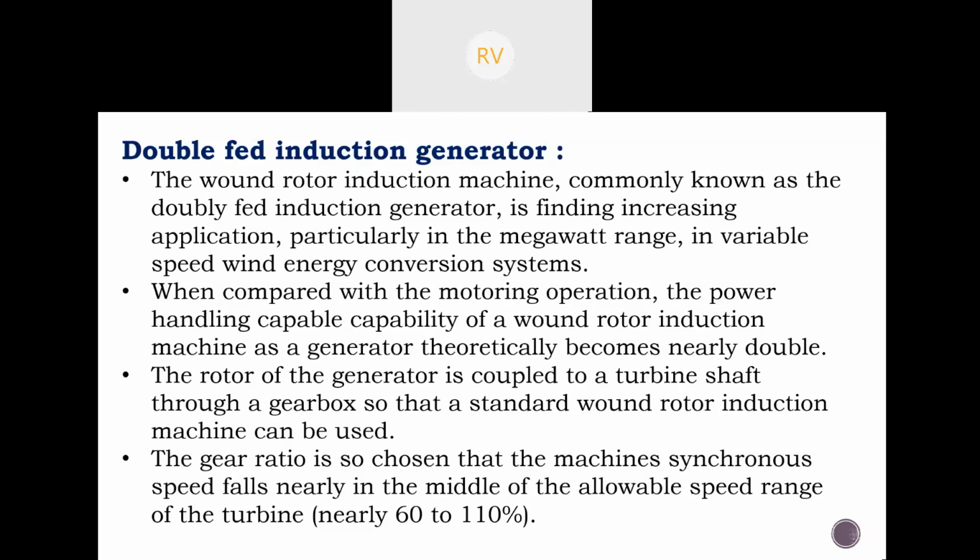The gear ratio is so chosen that the machine's synchronous speed falls nearly in the middle of the allowable speed range of the turbine, that is nearly 60 to 110%.